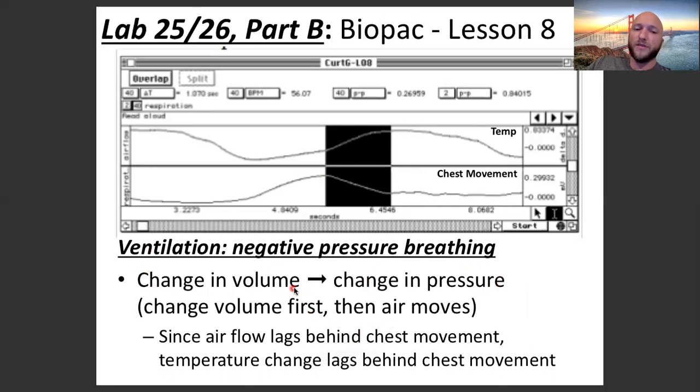You change the volume, which changes the pressure, air flows towards that pressure. Since airflow lags behind chest movement, temperature changes lag behind chest movement. You have to have a change in volume before you have a change in pressure.